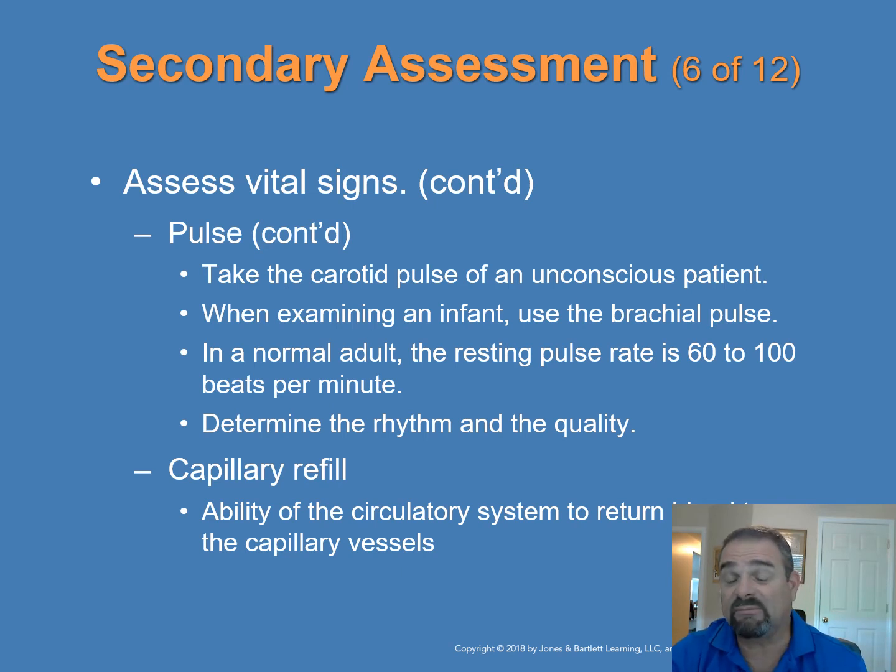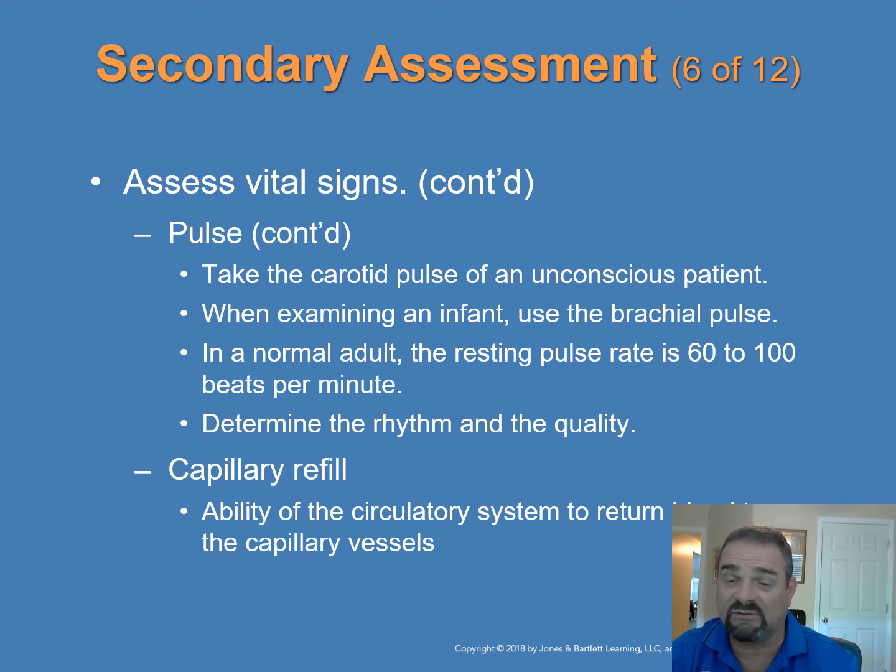The way that we check for a pulse is very simple. You go ahead and count the pulse beats, the heartbeats, whatever you feel in the carotid or the radial. Count it for 15 seconds and multiply it by 4. So if you count 17, that gives you a heart rate of 68.